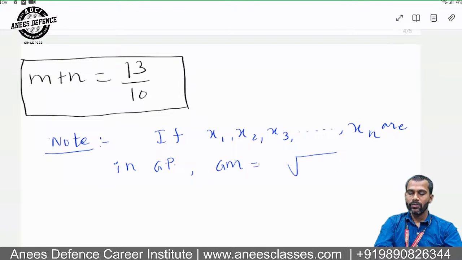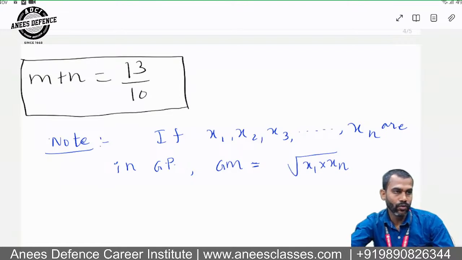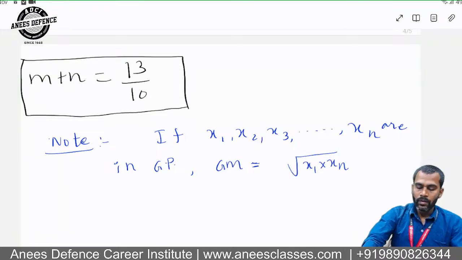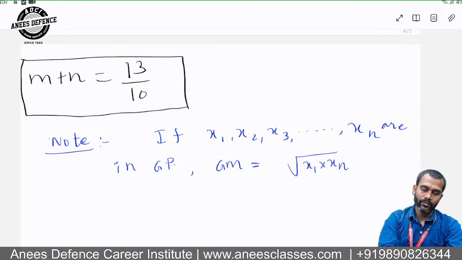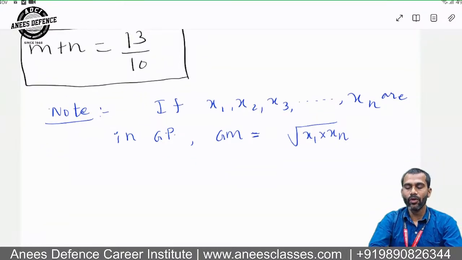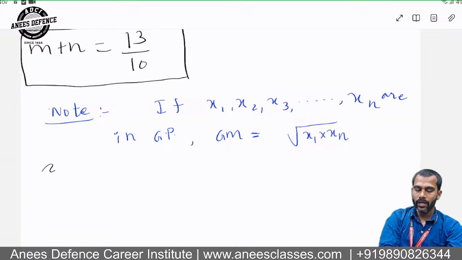Yes or no? So GM is equal to under root x1 into xn. So that is what you need to remember. Shall we move ahead? But this is only for ungrouped data where frequency is not given.